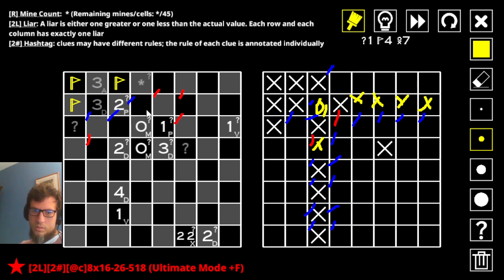Furthermore, this 2 deviation says the 2 in this area have to be. If this thing's honest, then all 3 of these are mines, but then... Okay, no, that's fine.